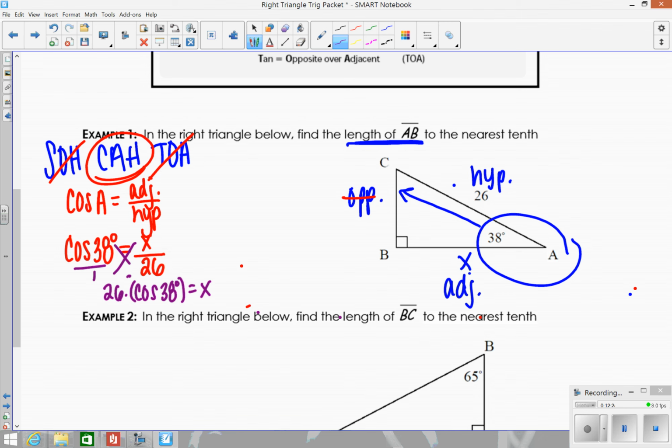You don't need to enter the degrees because remember, your calculator's in degree mode. So your calculator knows when you put 38 with cosine, it's going to take cosine of 38 degrees. When you do that, you should end up with 20.5, because it says we're going to round to the nearest tenth, so 1 decimal for x. So that tells me that side AB is 20.5.